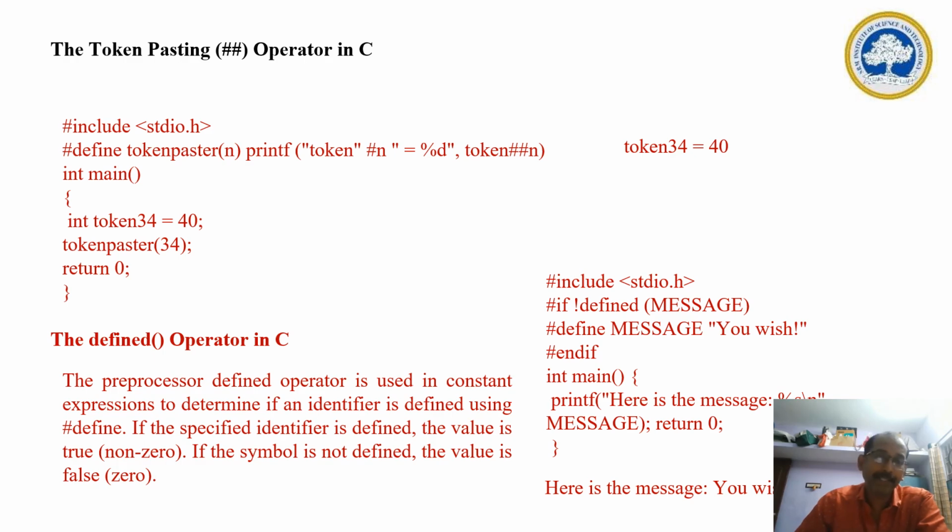Token pasting operator in C, that is double hash ##. The double hash is used for token pasting.